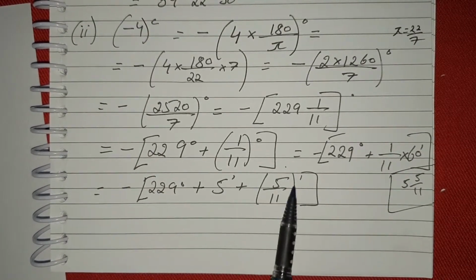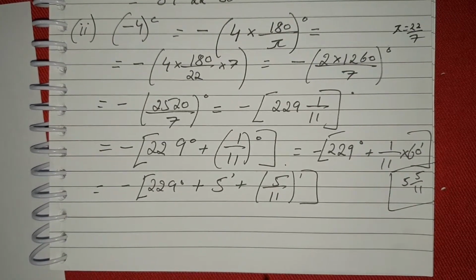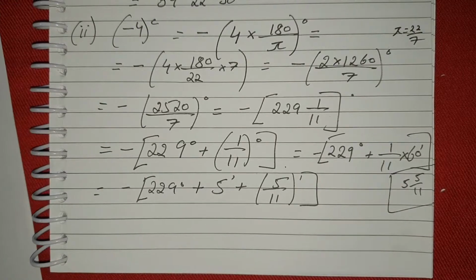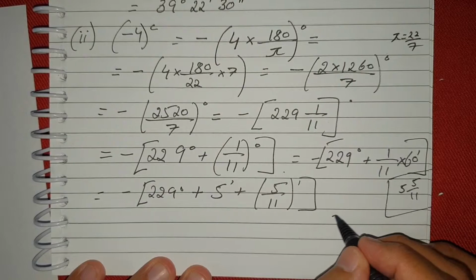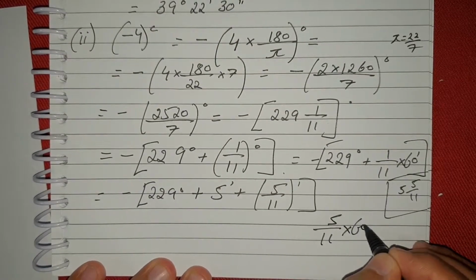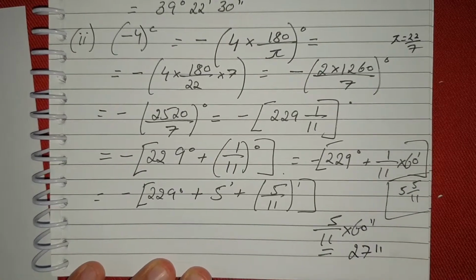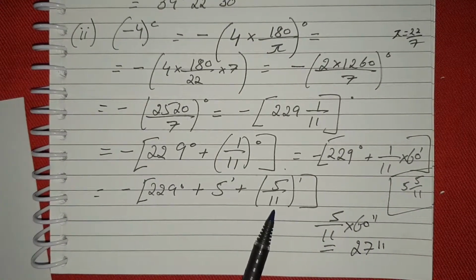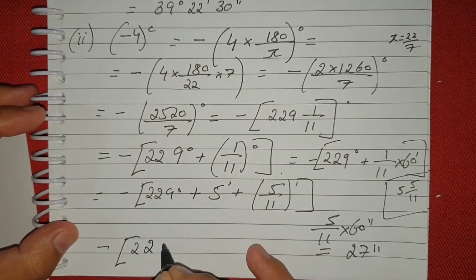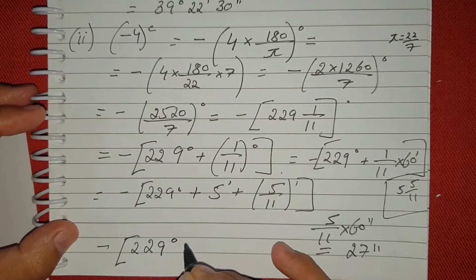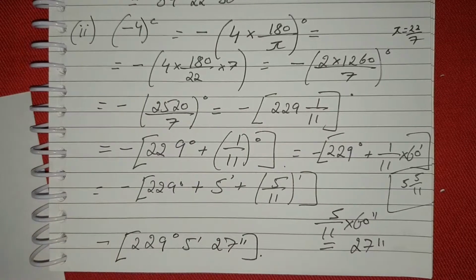Now we have to convert this to seconds. So 5 by 11 times 60 will be converted to seconds, which is around 27 seconds approx. So this answer can be written like minus 229 degree 5 minutes 27 seconds. This is how you write the answer.